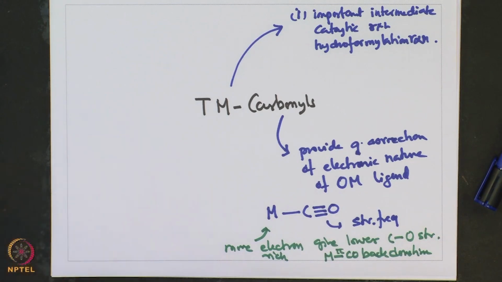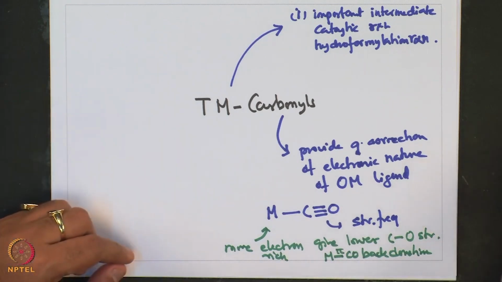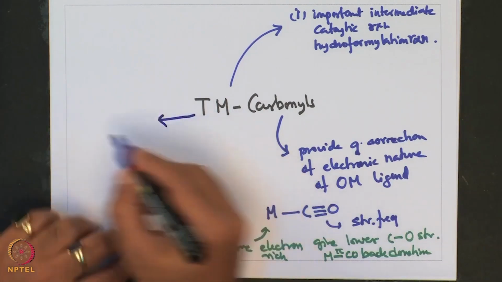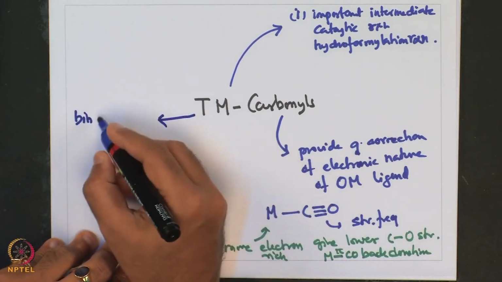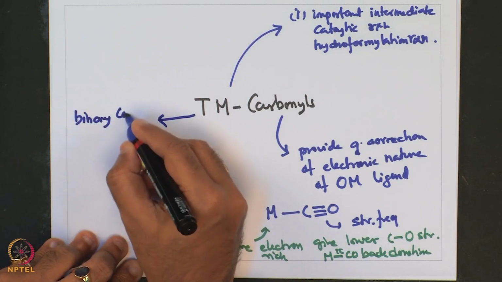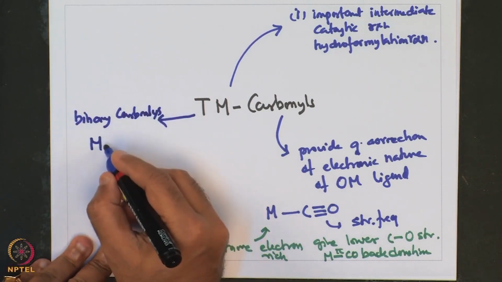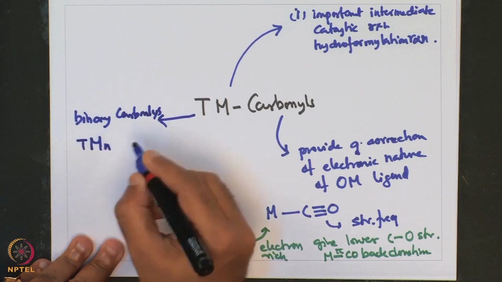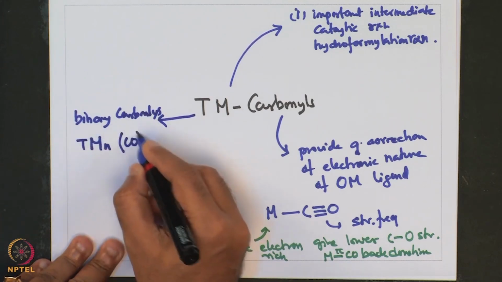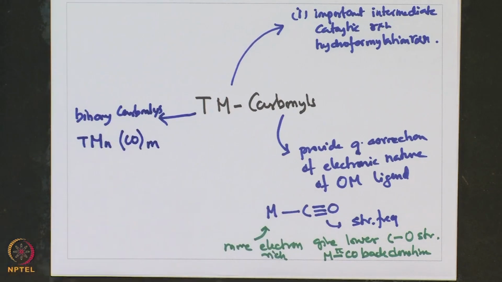Now, apart from this, in the last lecture we have also looked at binary carbonyls, and these are of the formula M_n(CO)_m.